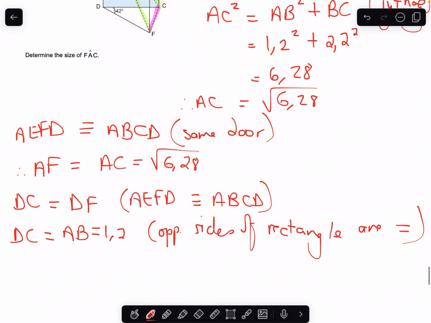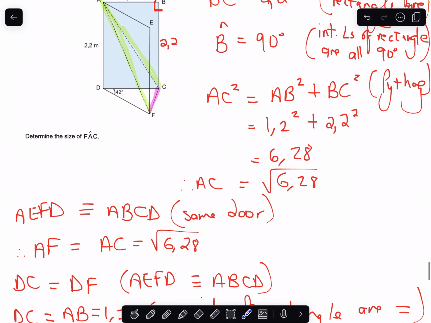So therefore DF is also equal to 1,2. So now we have 1,2, 1,2, and this angle we've been given, 42 degrees.